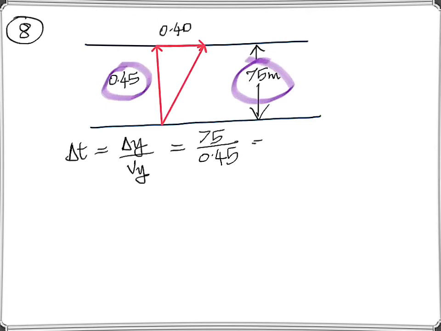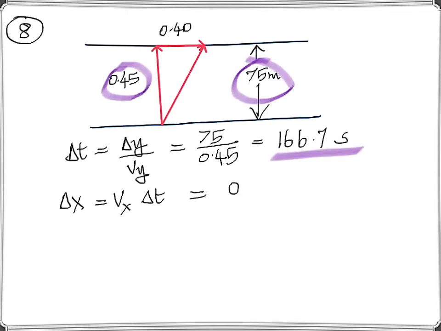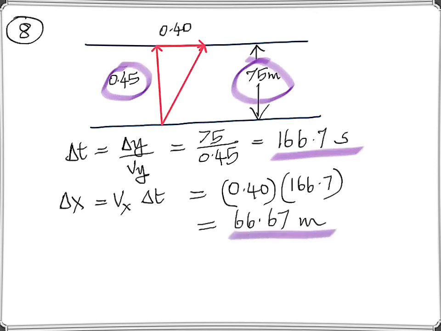And so if you take the vertical displacement divided by the vertical velocity to get the time, and apply the equation for the horizontal, Vx is 0.4, the rate at which water is flowing, multiplied with the time, to get 66.67 meters. That's how far away the swimmer would be.